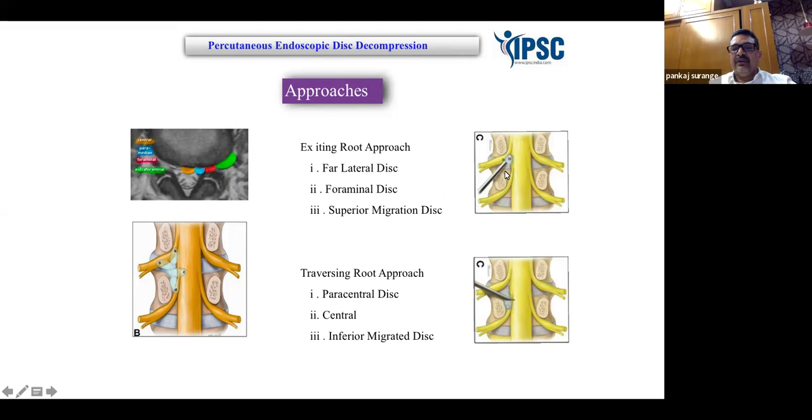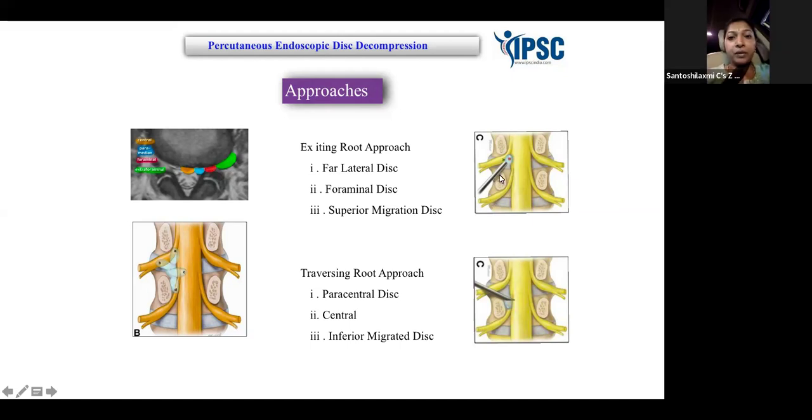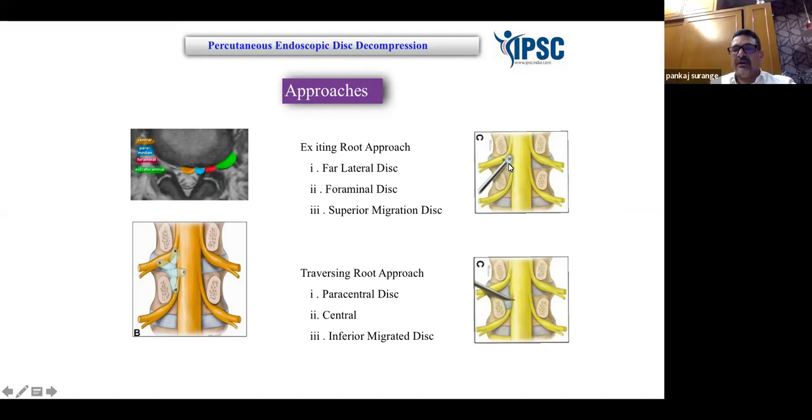Exiting root approach means where the exiting root is getting compromised. In what condition will it get compromised? Even with a paracentral herniation, most commonly which root is involved, exiting or traversing? Traversing, right? Mostly it is the traversing root that gets involved.